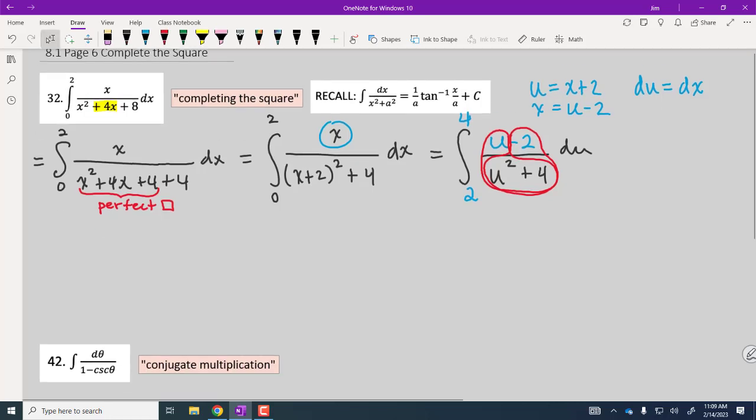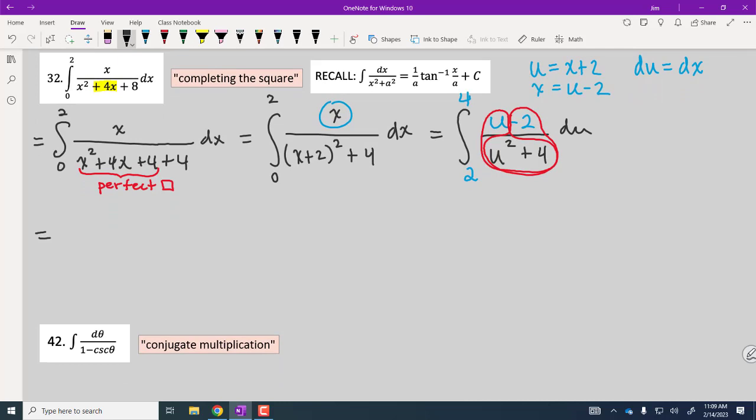So let's not do anything except rewrite it like this. So we're going to rewrite it as u divided by u squared plus 4 du plus, or actually minus, I'm going to pull the 2 out to the front and just make it a 1 over u squared plus 4 du, 2 to 4.